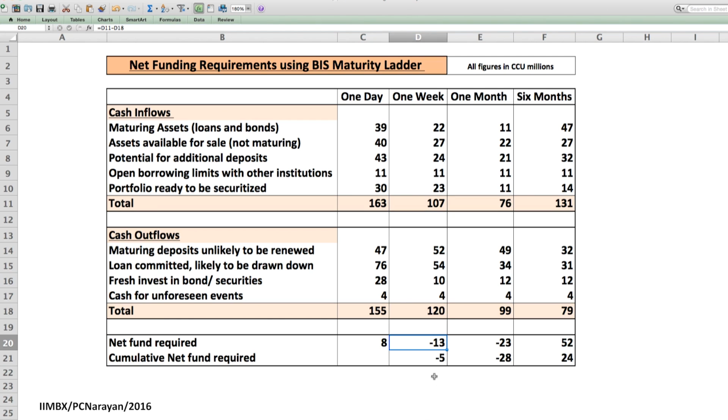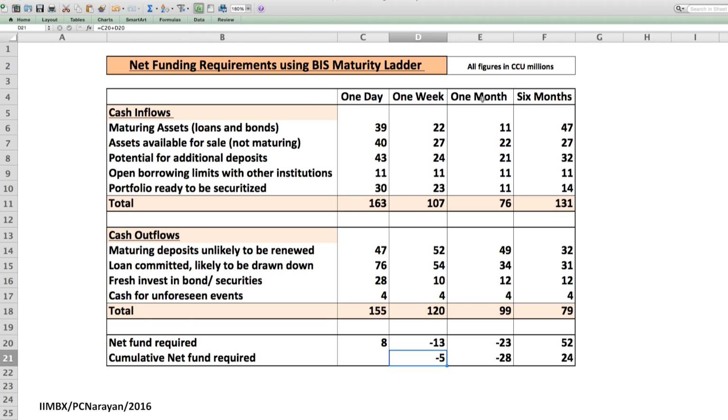Now on a cumulative basis, minus 13 plus 8 gives you a figure of minus 5. Now what this denotes is, ceteris paribus, everything remaining constant, this institution would expect that 1 week from now it would be out of the money by 5 million CCU.